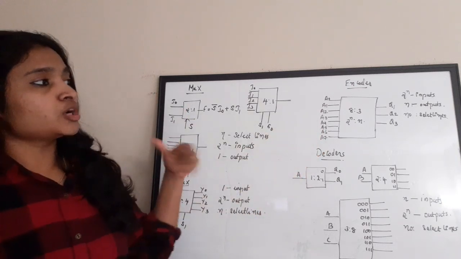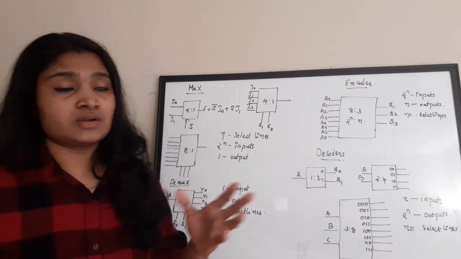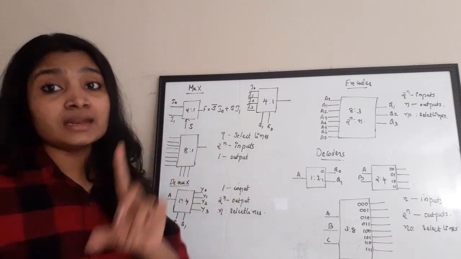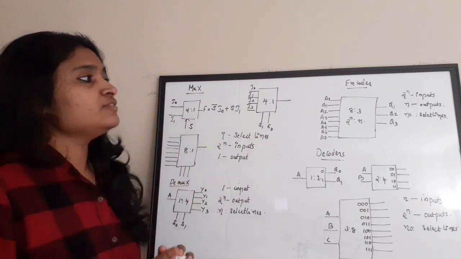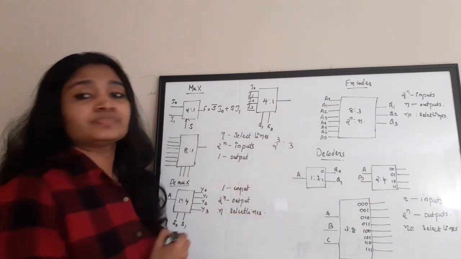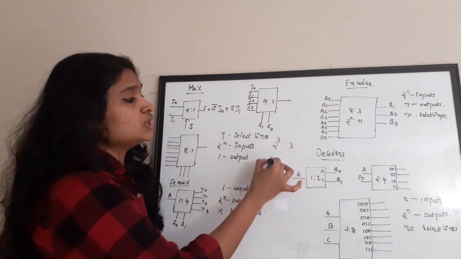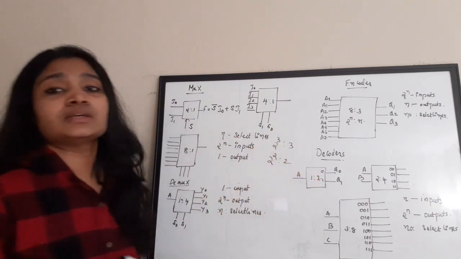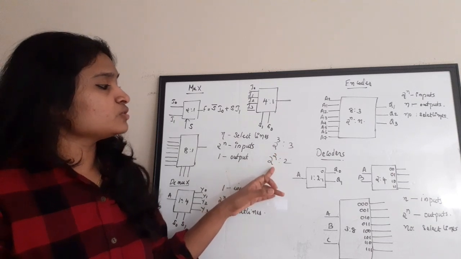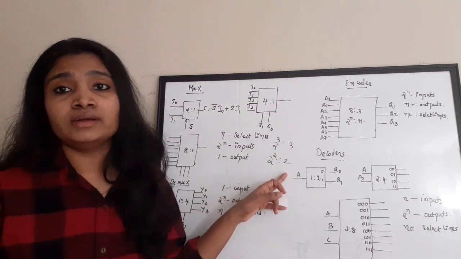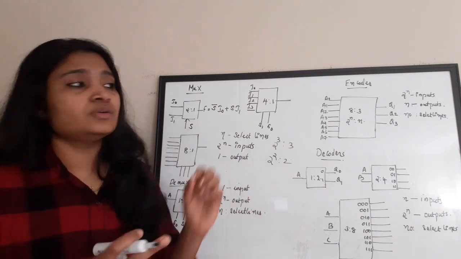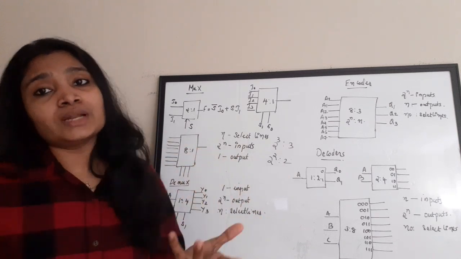And talking about the number of inputs and outputs, there will be 2 raised to n inputs and n outputs. For example, if n is 3, 2 raised to 3 is 8 inputs and 3 outputs, or if n is 2, 2 raised to 2 is 4 inputs and 2 outputs. For 2 raised to 2 input lines, it will have a code of length 2 bits, or you can say 2 output lines.